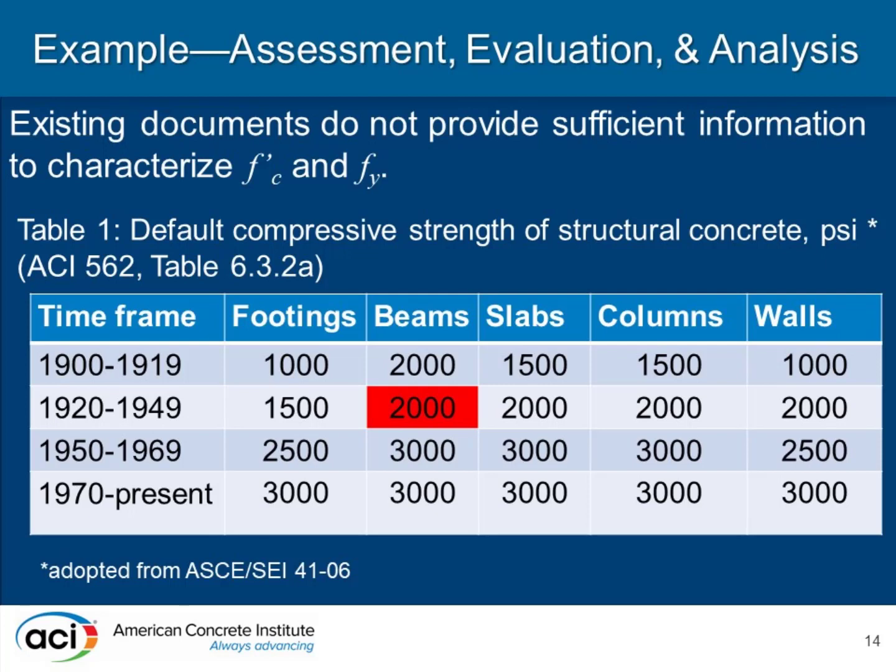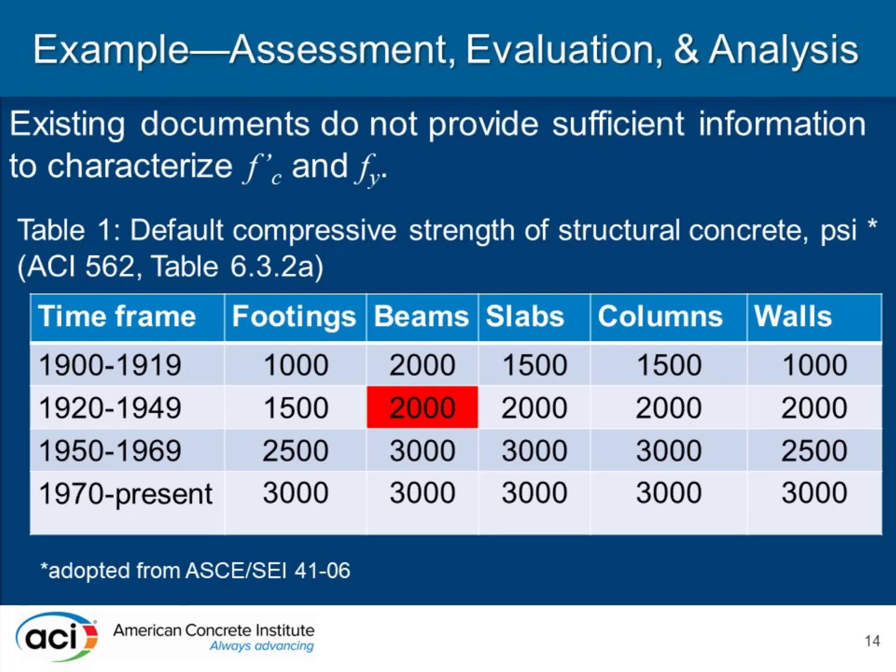The code provides a couple of different methods by which one might evaluate conditions and properties for making those calculations. Table 6.3.1a shows permissible equivalent compressive strengths for structures of different eras.